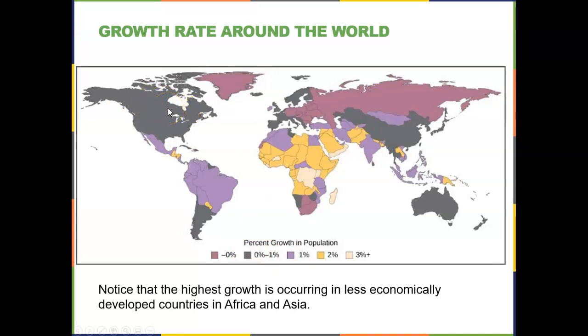We would fall into that somewhat slow or even stable growth. Then we move into the growth populations of purple, which would also be slow growth. And then the yellow and the pinkish white color would be areas of rapid growth in some of the African countries and some of the Asian countries.